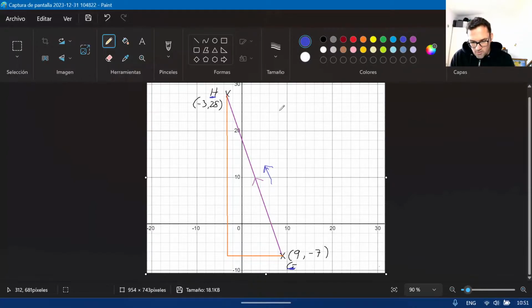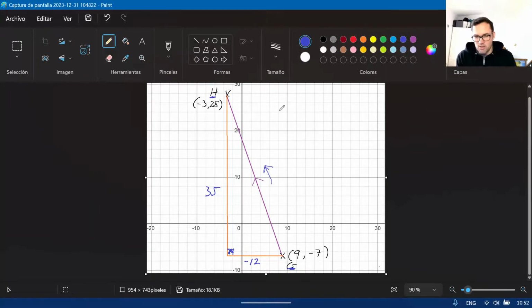Going 12 units to the left. Was minus 12, but in the end it's just 12 units. We could put a minus there if we want. And then going 35 units up. Okay. You can see that forms a 90-degree angle and a beautiful right angle triangle.